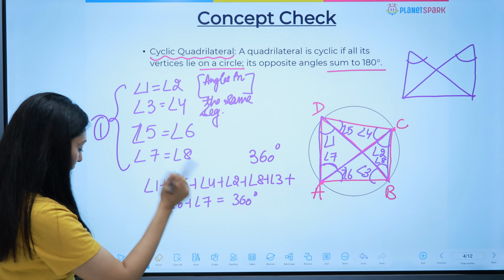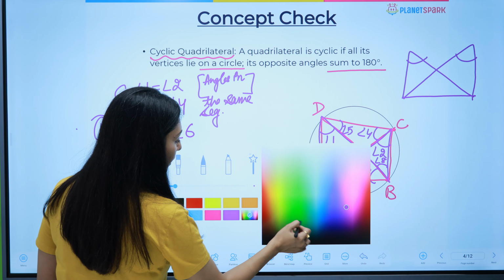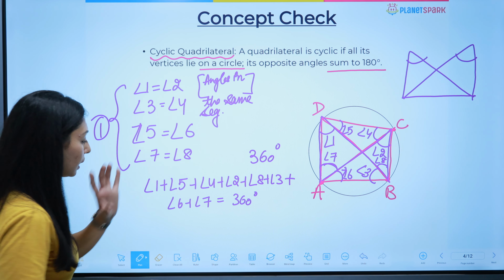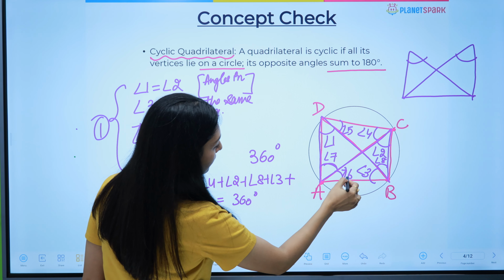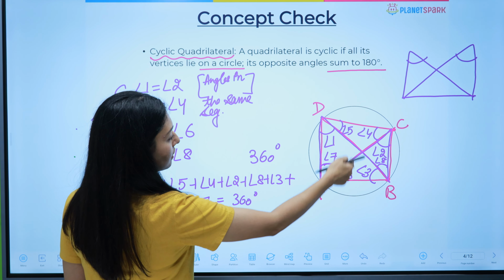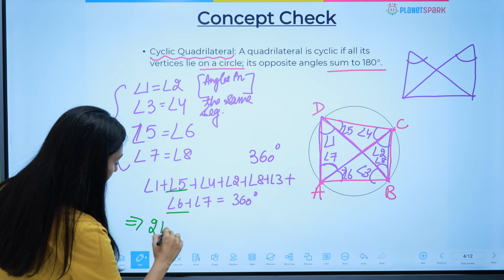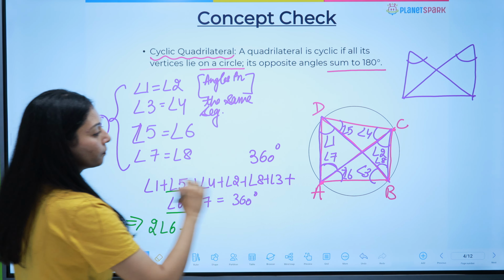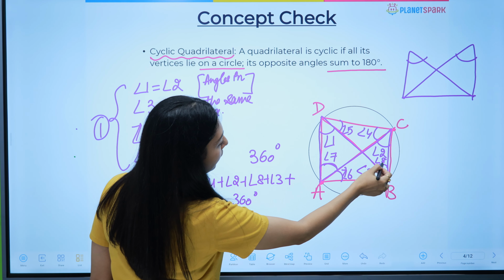Now, use equation 1 here. That is, the angles that are equal, we will replace them very carefully. Now, angle 5 and 6 are equal. So, let's say I am using 6 in place of 5. Right? So, I can write 2 times angle 6 plus. Then, we have angle 7 and angle 8 equal.